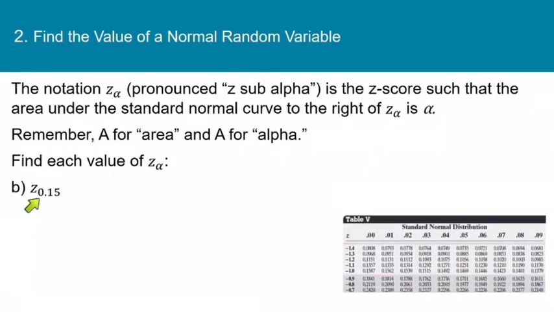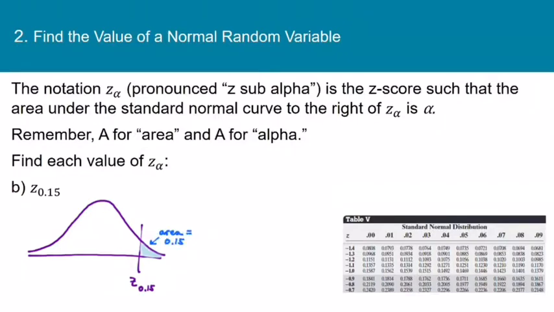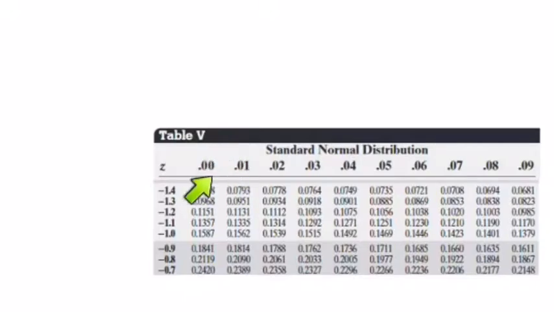And let's try it again. For z sub 0.15, we are looking for a z-score that has an area to its right of 0.15. So that little shaded area there is 0.15. Now come to the table over here, and we are looking for an area as close as we can get to 0.15. So here I see 0.1562, 0.1539, and 0.1515, and the next one is 0.1492. Of course this one's a little over and this one's a little under.